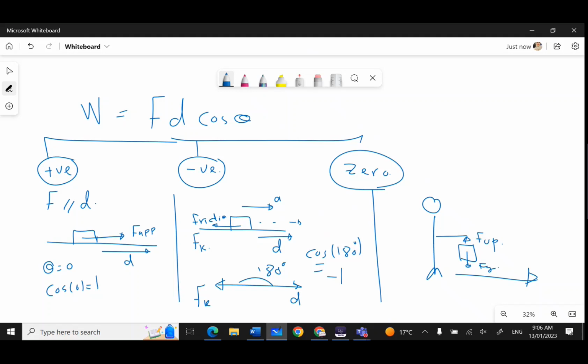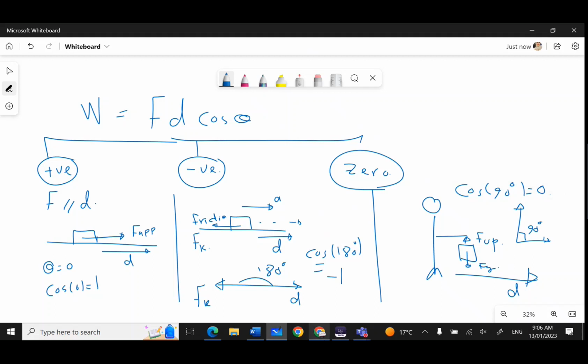These forces are equal, are balanced. So applied force and direction of displacement, they are perpendicular to each other. The angle between them is 90 degrees. Cosine 90 degree is 0. So in this case, work is 0.